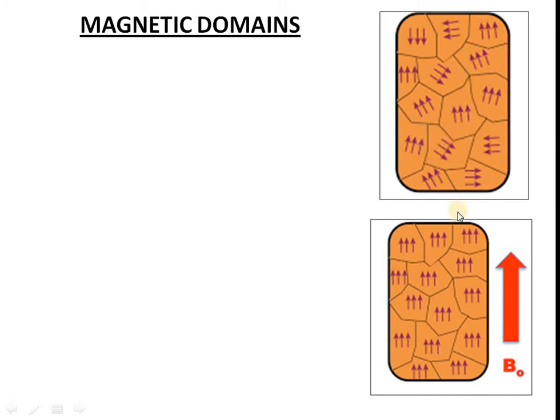So the moment you apply a field, what happens? The alignment within every domain comes to a certain fixed direction. Before the field, the domains are randomly aligned. After the field, all the domains are in the same direction. This is a wonderful property of ferromagnetic materials.